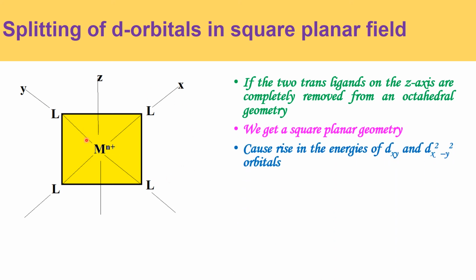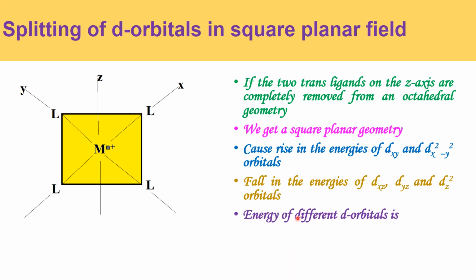It causes a rise in the energies of the dxy and dx square y square orbitals, because along the z-axis there are no ligands, so there is no electron-electron repulsion. Therefore, the orbitals having a z component are lower in energy compared to the other orbitals in the xy plane. So there is a fall in the energies of dxz, dyz and dz square orbitals.